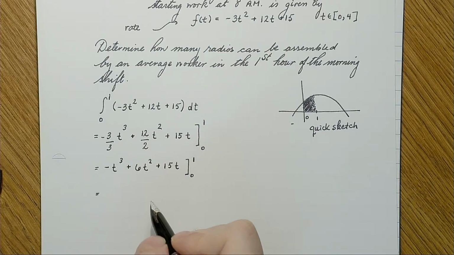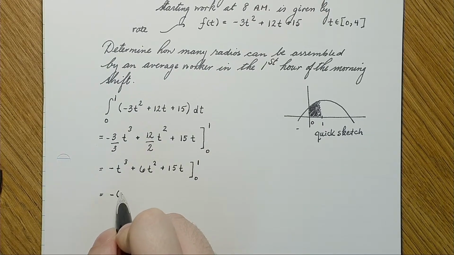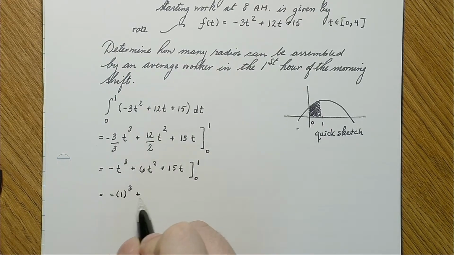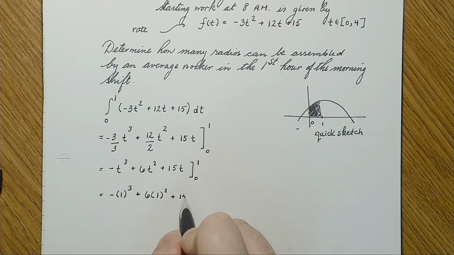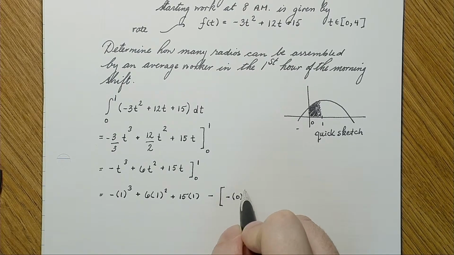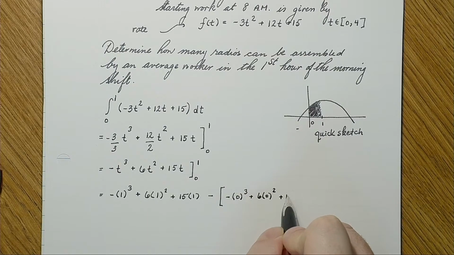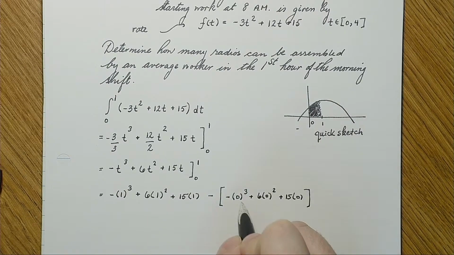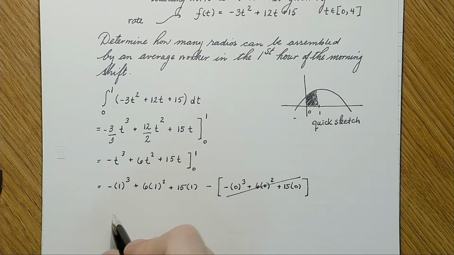And then I substitute in my values. So I get minus 1 cubed plus 6 times 1 squared plus 15 times 1, minus everything inside here: minus 0 cubed plus 6 times 0 squared plus 15 times 0. Every term is multiplied by a 0, so that disappears.